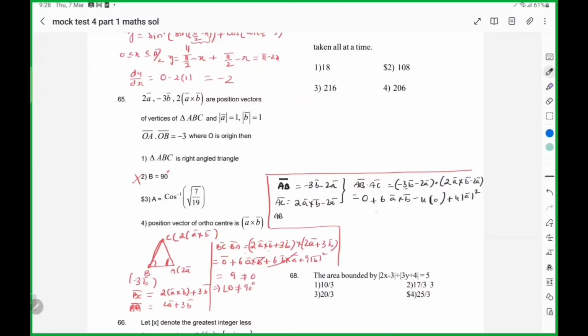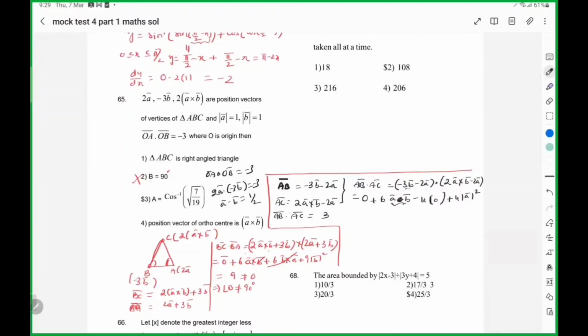So AB dot AC will involve A dot B. Here he has given OA dot OB is minus 3. OA means 2A bar dot minus 3B bar is minus 3. So A dot B becomes half.